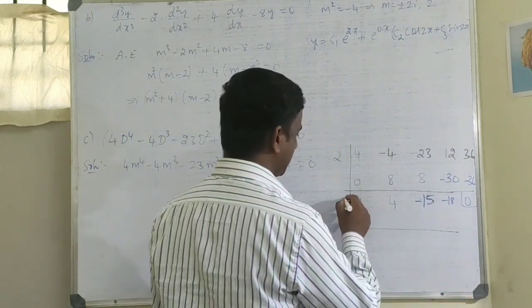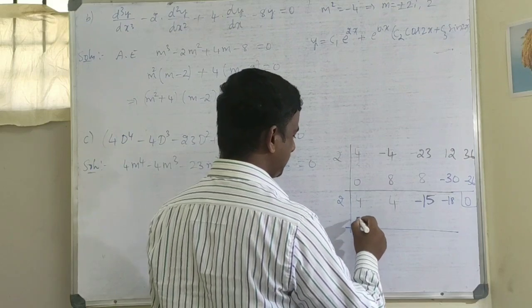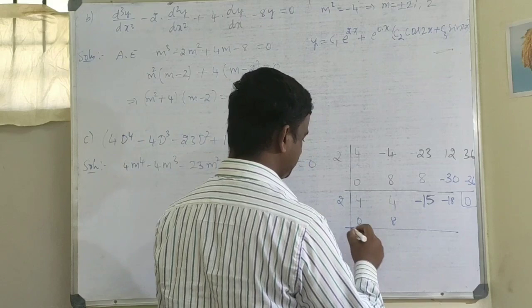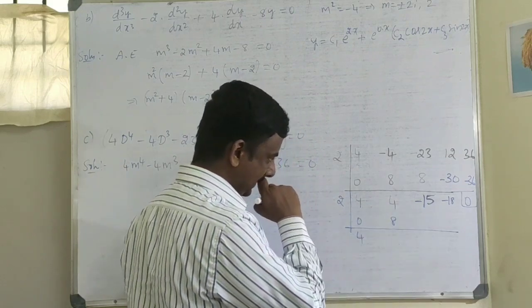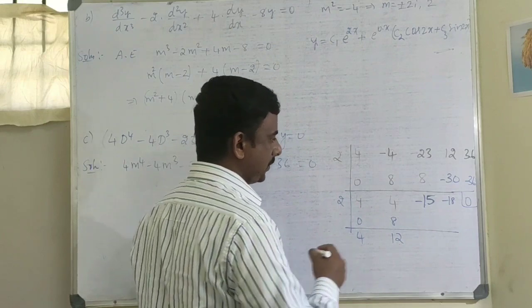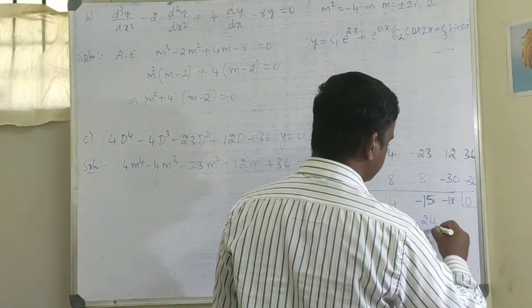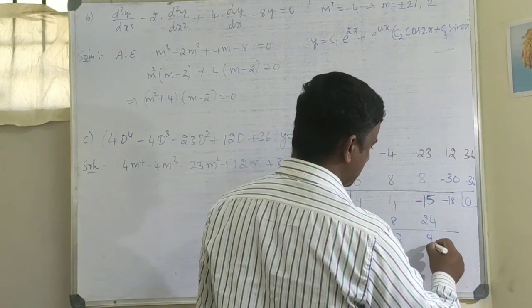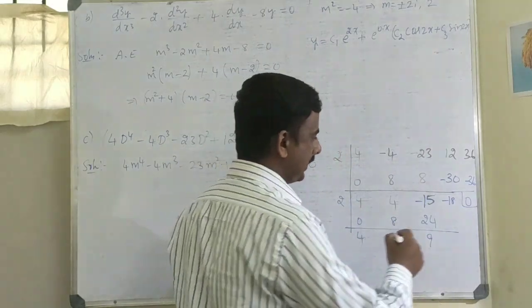Next, I have these numbers 4, 4, minus 15, minus 18. I'll take 2 again. 4 into 2, 8. 8 plus 4 we get 12. 12 into 2, 24. So 24 minus 15, that is plus 9. 9 into 2, 18.